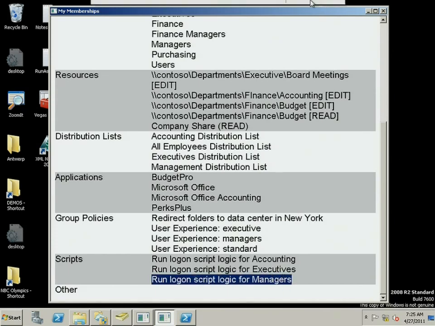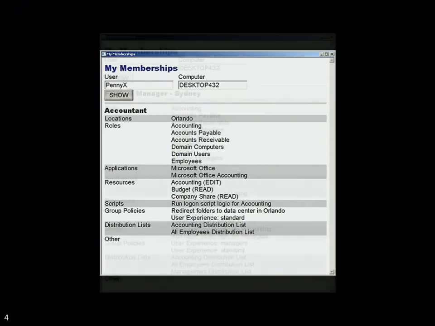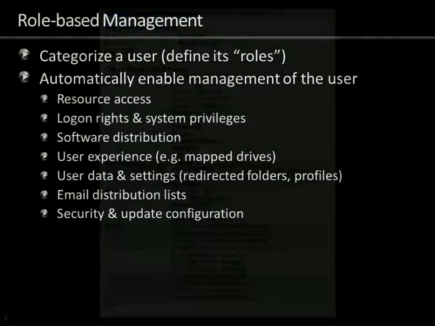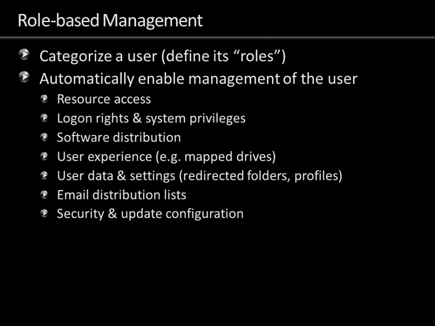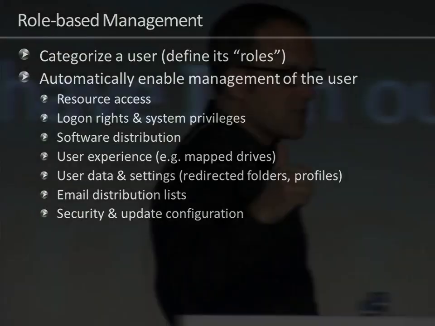So all of this is really meant to demonstrate what role-based management is about. Role-based management is about categorizing a user and having that categorization impact everything about how that user is managed. Their access to resources, their logon rights, their system privileges, the software they get, policies, configuration, email distribution lists, everything comes out of the definition of that user and of the computer.